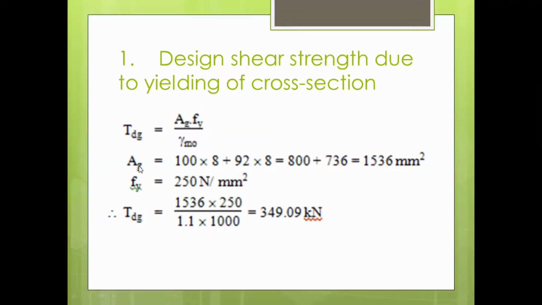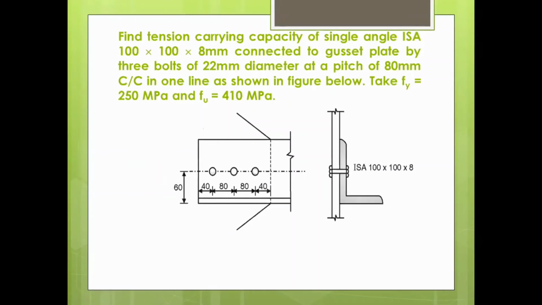Gross area is 100 into 8 plus 92 into 8. Now we have not directly taken the area as 2 times 100 into 8. Why? Because we have subtracted the thickness of the plate here.